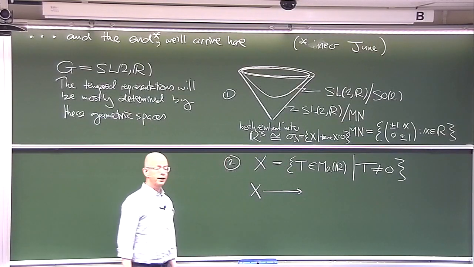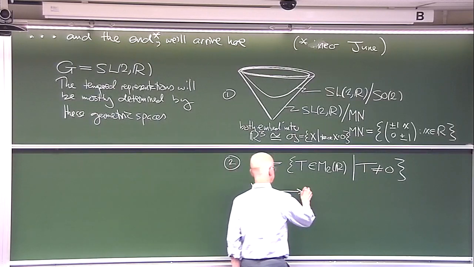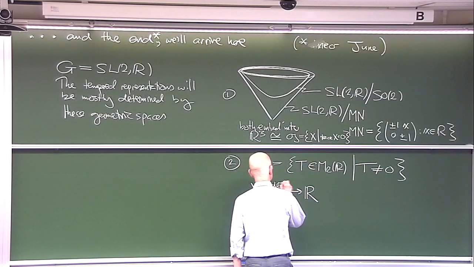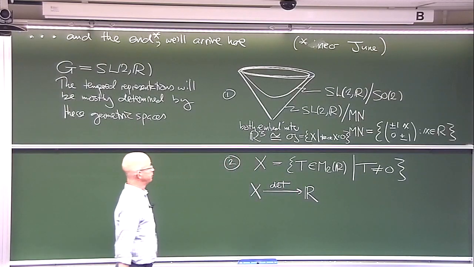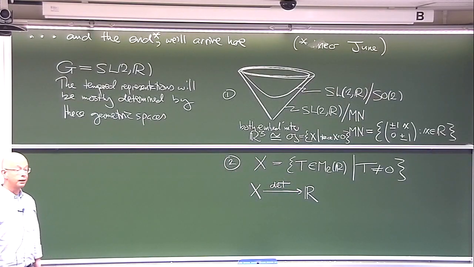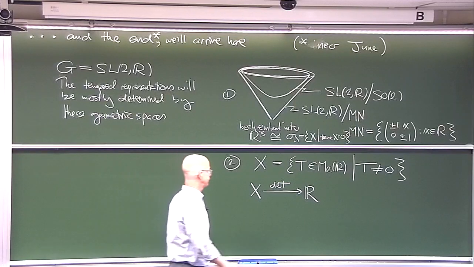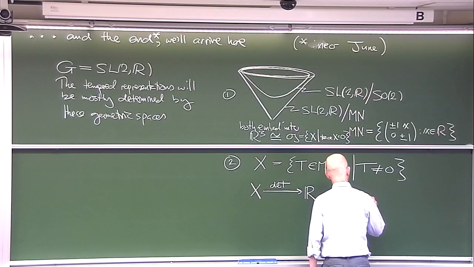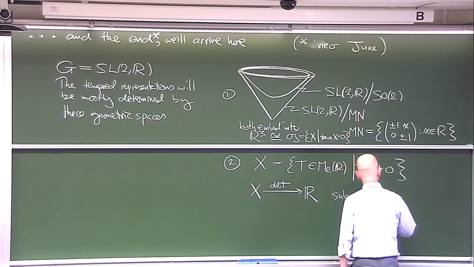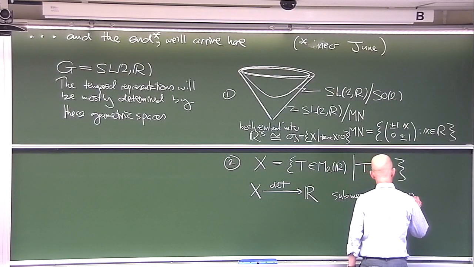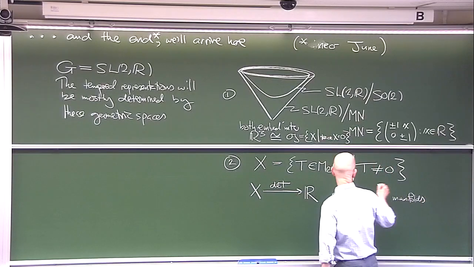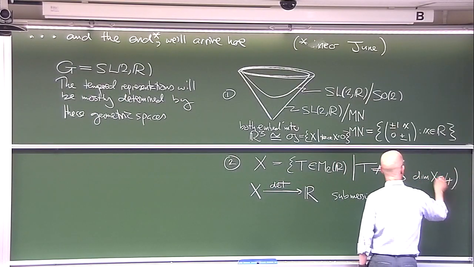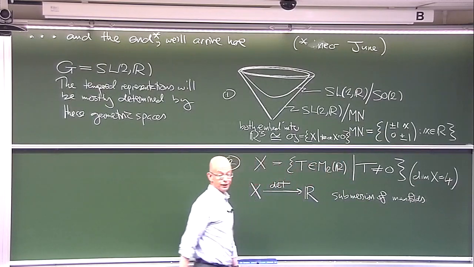If I have a matrix, I can take its determinant. The determinant will be a real number, like this. And this is a decent map. This is actually a submersion of manifolds. Of course, X is 4-dimensional, which makes it a little difficult to draw.